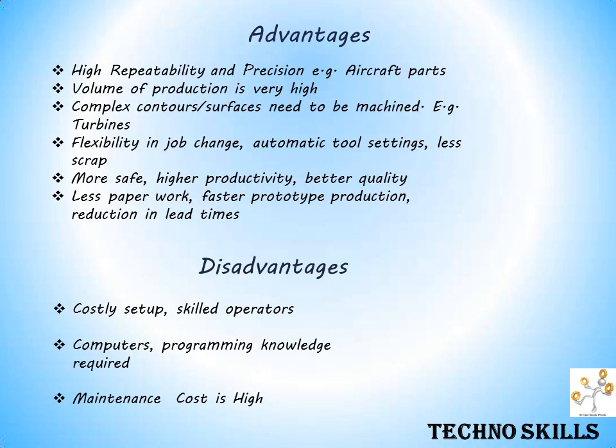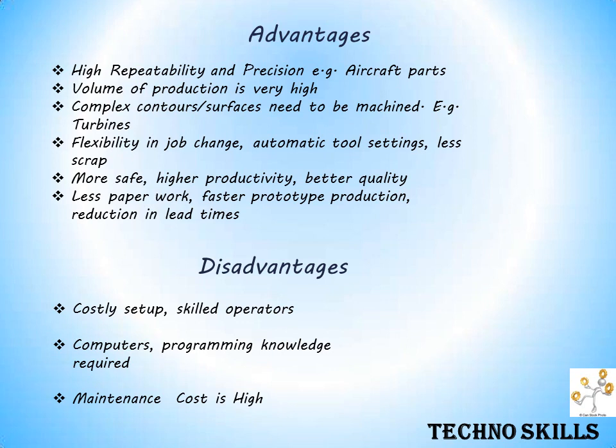So, let us see the grouping of advantages. As I told, we have high repeatability in the CNC machine and high precision, especially when we use it for aircraft parts, we need high repeatability. So, what is meant by repeatability? The same prototype accuracy should be maintained for the production of the nth part, the nth component.